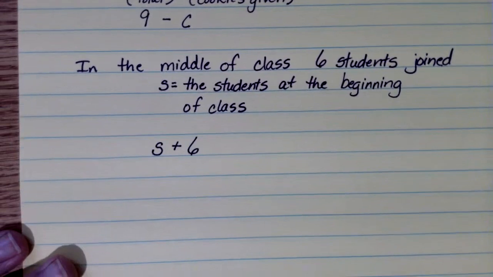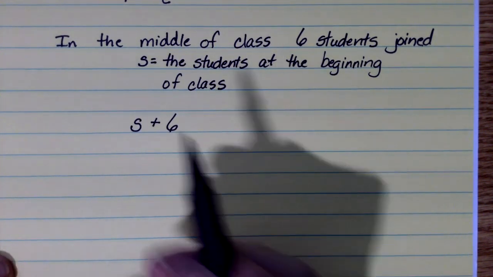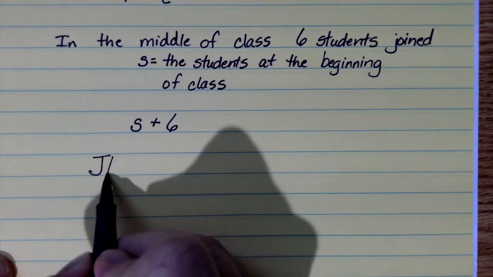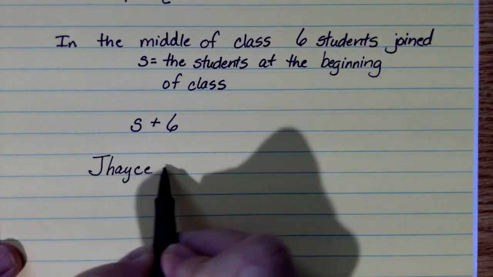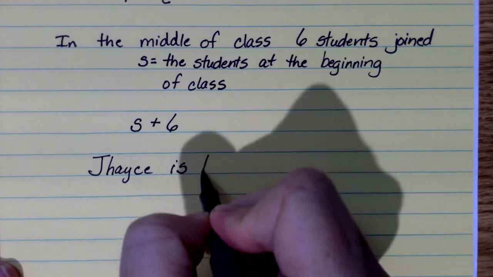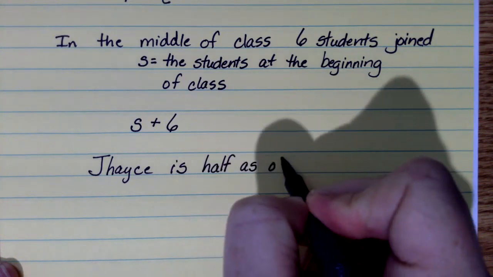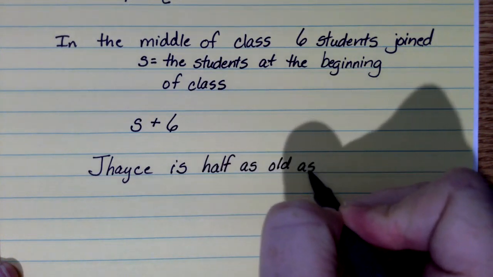Let's look at one more, and let's do Jace and Sophia. So let's say that Jace is half as old as Sophia.